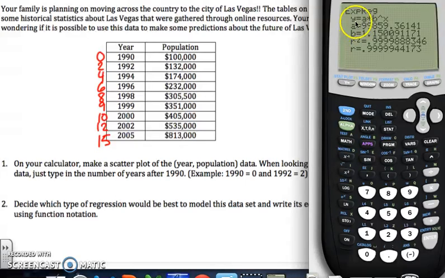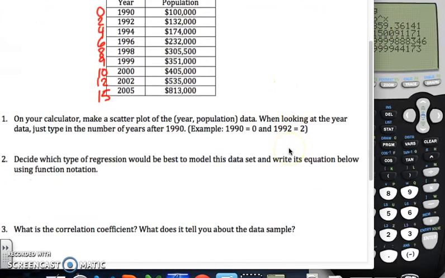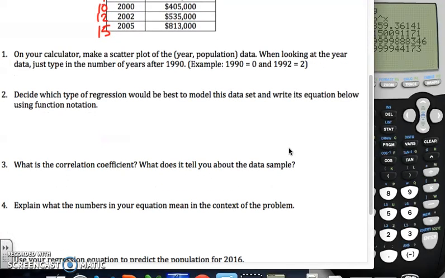So again, notice it's y equals A times B to the x. So we're going to write our equation like that. So for number 2, it says describe which type of regression will be best. So the best type of regression would be exponential. So we're going to be doing exponential regression, and write its equation using function notation.